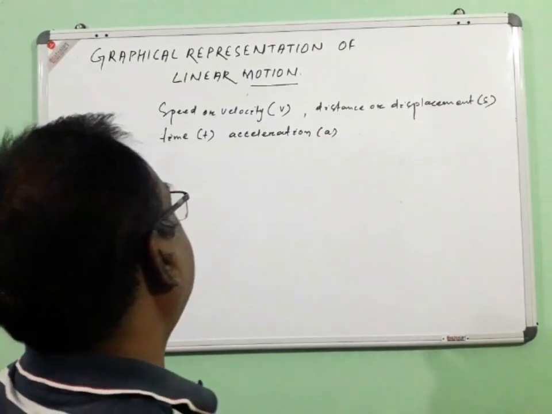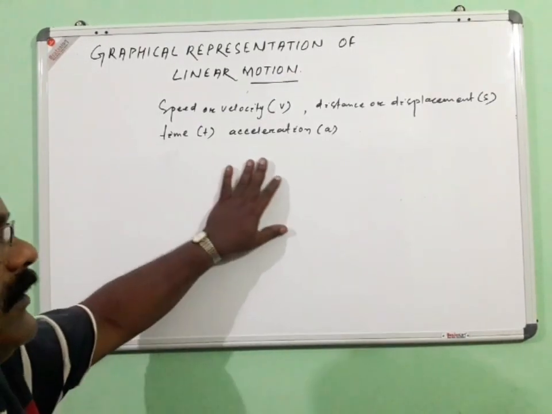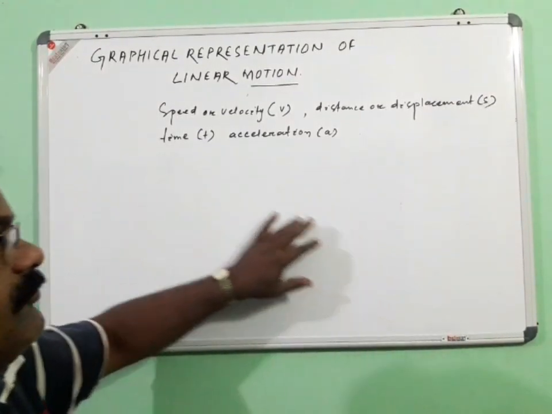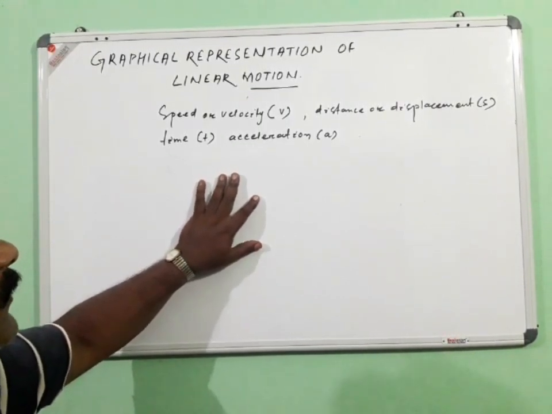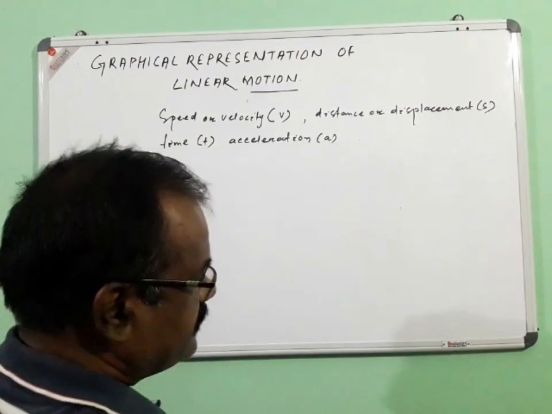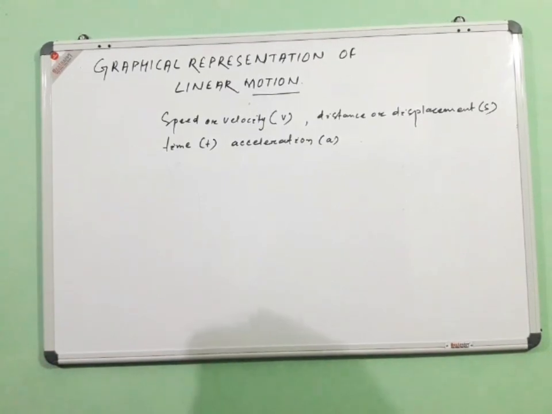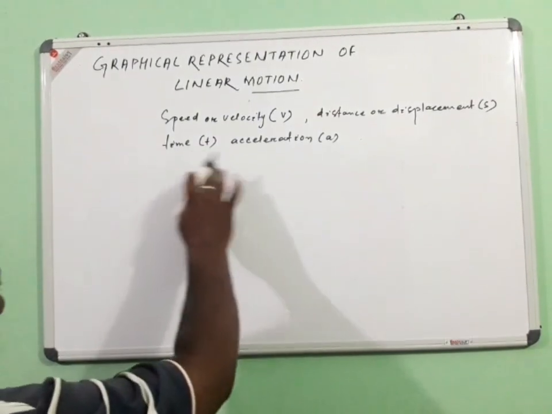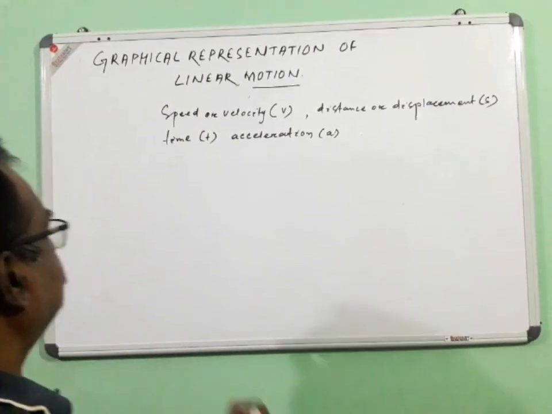So in case of linear motion, we have all these four different variables which are used in different concepts. Now, based on these four variables and their relations, we have three different types of graphs, or all those concepts can be represented in three different manners graphically.